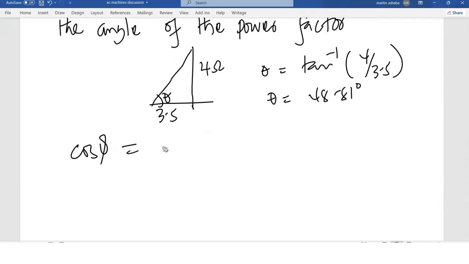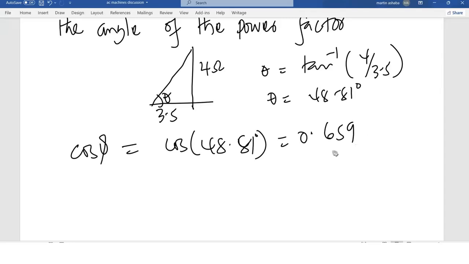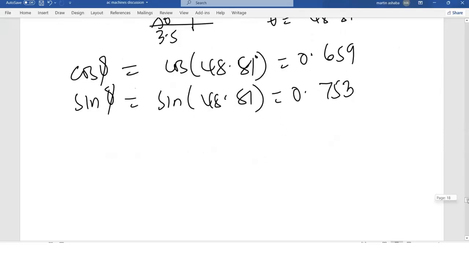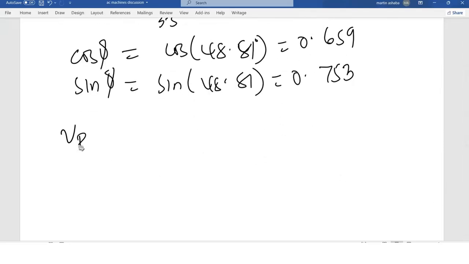So cos phi will equal cos of 48.81 degrees. If I take cos of this angle, I get 0.659. What if I take sin of this angle? I get 0.753. So now we can get the voltage regulation.